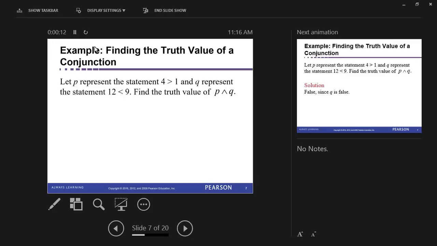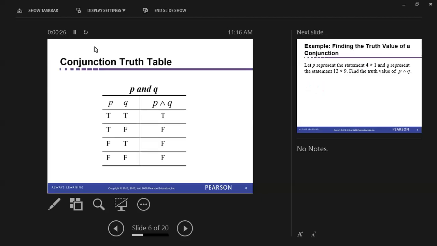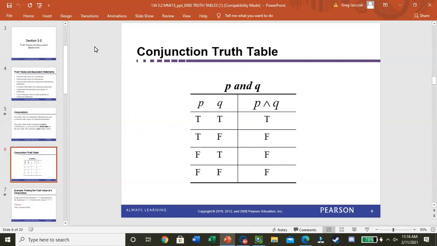Okay, here we're saying let P represent 4 is greater than 1, and Q represents the statement 12 is less than 9. Find the value for P and Q. I'll show you how to do that on paper so that it's easier to work with.